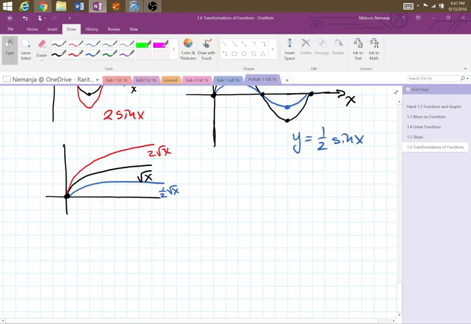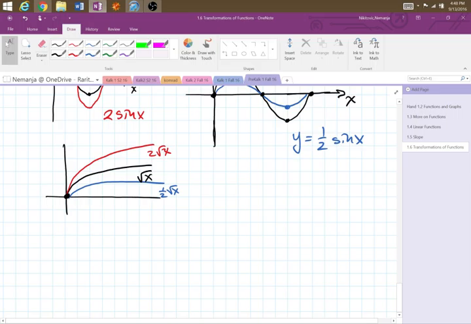It should go like this, to be more realistic. So that's the vertical stretching and shrinking.